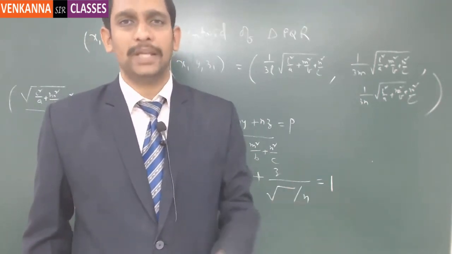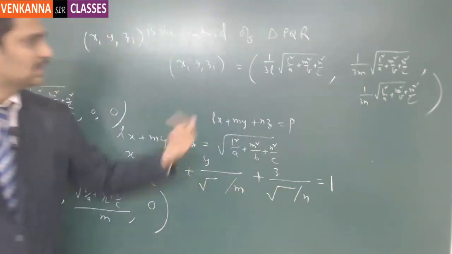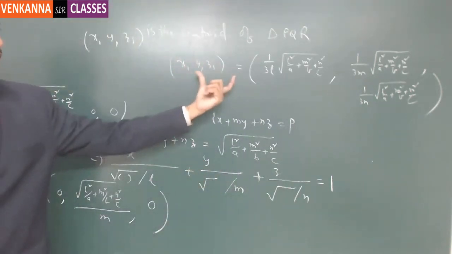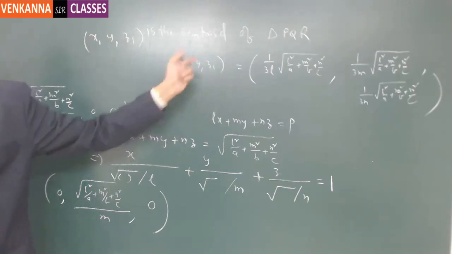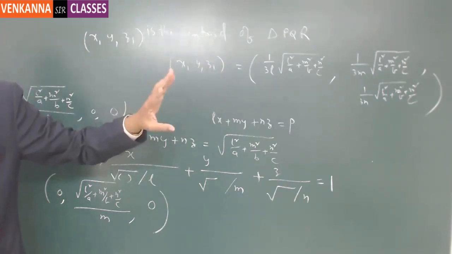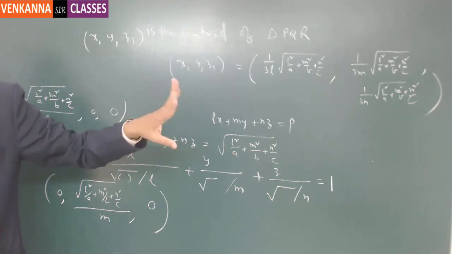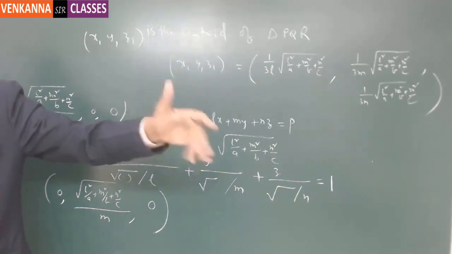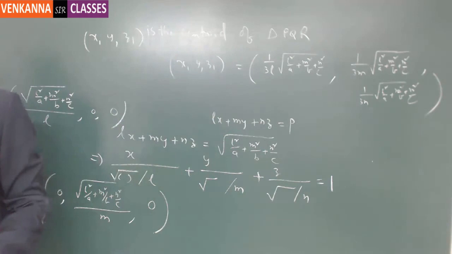The parameter should not be there. So comparing the coordinates on both sides, I have to modify it by some arrangement, so that I get an equation in terms of x, y, z only. The parameter will get eliminated, right? That is the actual thing I have to do.